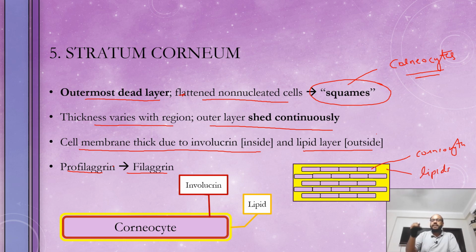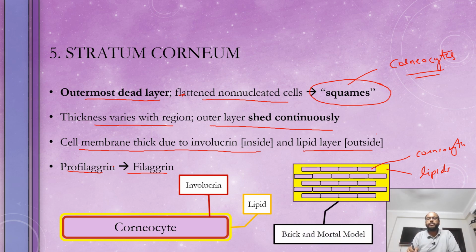So it looks like the brick-shaped corneocytes are sealed by a mortar, or a cement, of lipids, and that is known as the brick and mortar model. So you have bricks symbolizing corneocytes, and the cement that you put in between, the mortar, is made up of lipids, and that is known as the brick and mortar model. Okay, let's move forward.